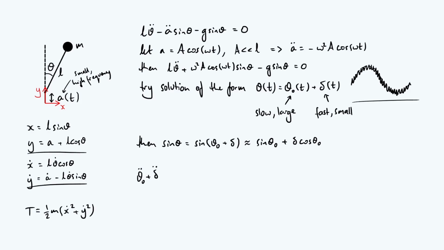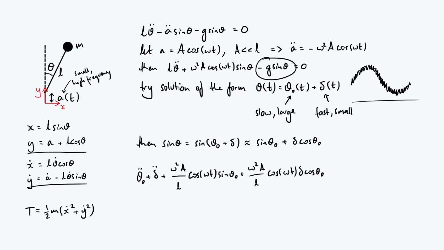Now we want to write this out explicitly term by term, so we're going to have plus omega squared a, and remember, we're dividing everything by L, so omega squared a over L, times our cos omega t, and the sine theta, which I'm going to first write as sine theta naught from our Taylor expansion. Then I'm going to have an entirely separate term with the delta cos theta naught, so plus omega squared a over L, then we've still got our cos of omega t, but this time multiplied by delta cos of theta naught.